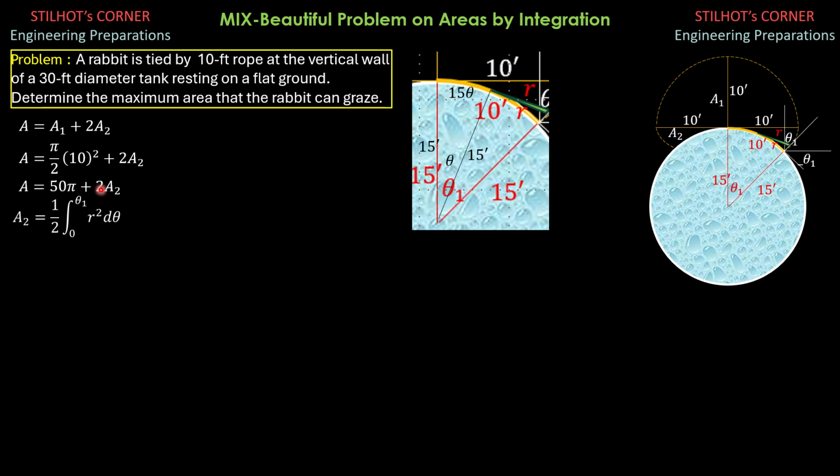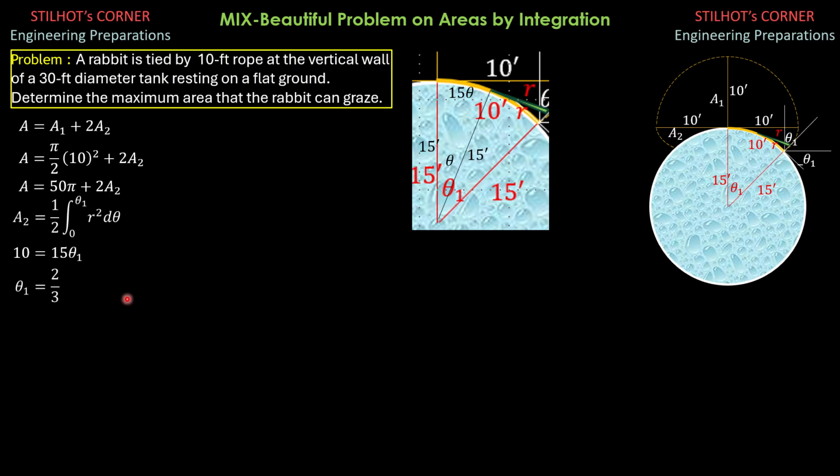And r is 10 feet minus 15 theta. To analyze theta 1, from this sector here, the length of the arc, 10 feet, equals radius times theta 1. So theta 1 is equal to 2/3 radians.